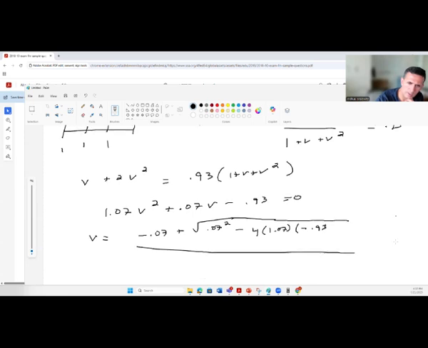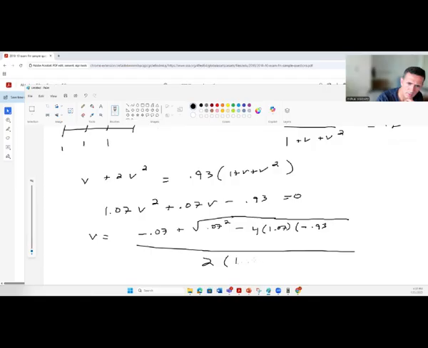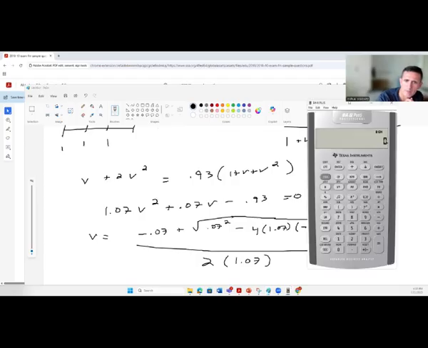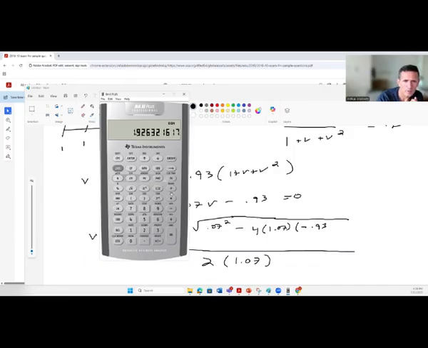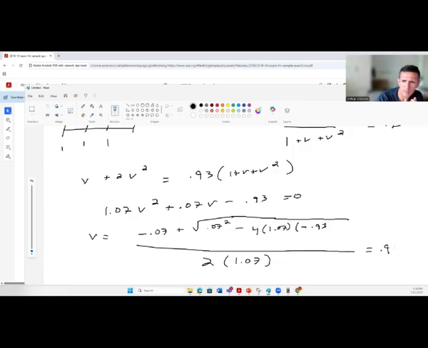Over 2a: the square root of 0.07 squared minus 4 times 1.07 times negative 0.93, then minus 0.07, over 2 times 1.07, and we get roughly 0.9. Store that.